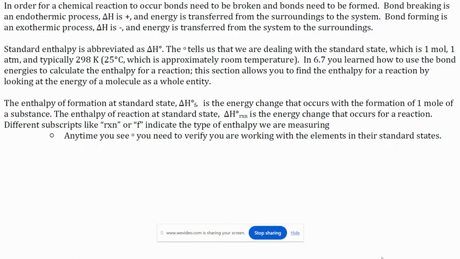Typically, when you're running reactions, they're usually about 25 degrees Celsius. So that's why they make these tables based on that. You'll find when we get into equilibrium that all of that equilibrium stuff is typically at this standard temperature because that's typically what temperature you're going to be running your reactions at.